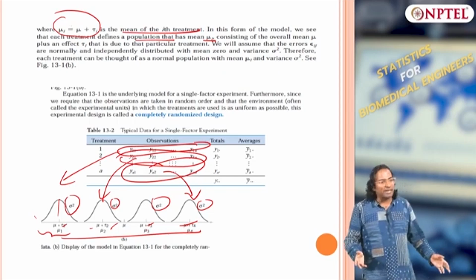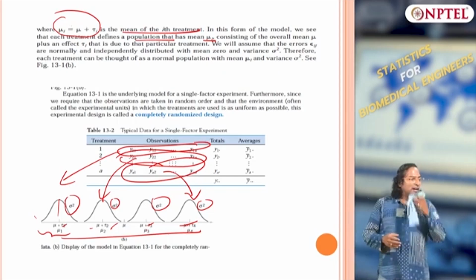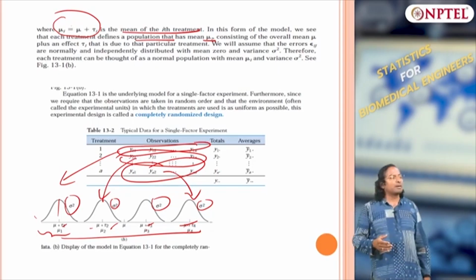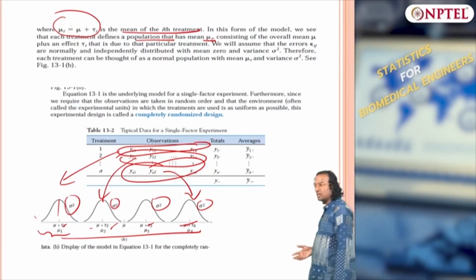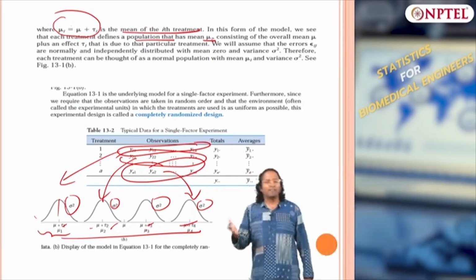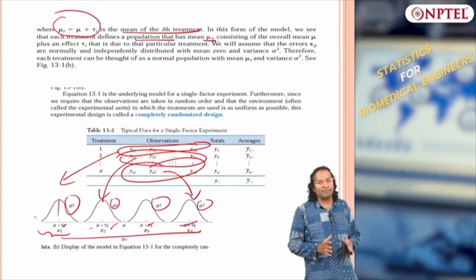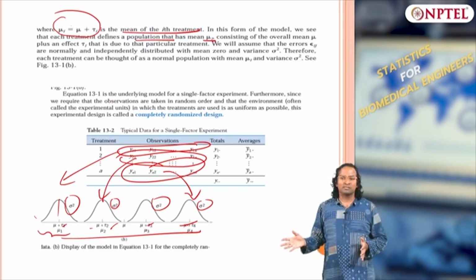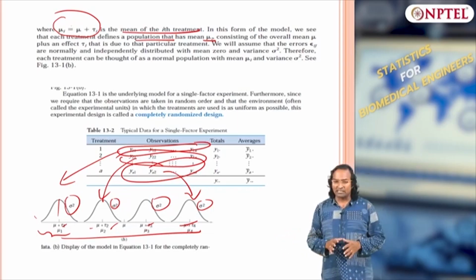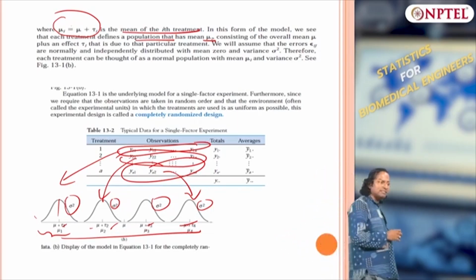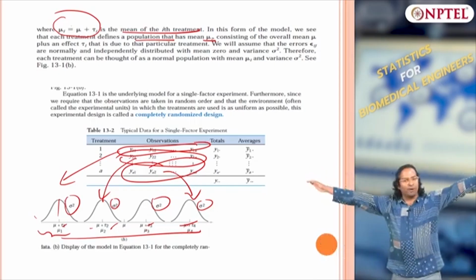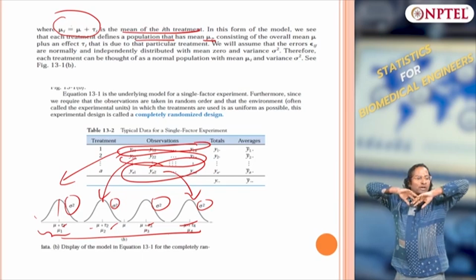If the treatment variances are different, then it is not comparing apples to apples, right. So that is why I am assuming the treatment variances are constant, so that I can check whether the means are significantly different or all of them are the same, which is not significant. Clear? Why is the assumption of equal variances needed? If I do not make this assumption, one distribution may be very big with wide variance, the other may be too narrow.